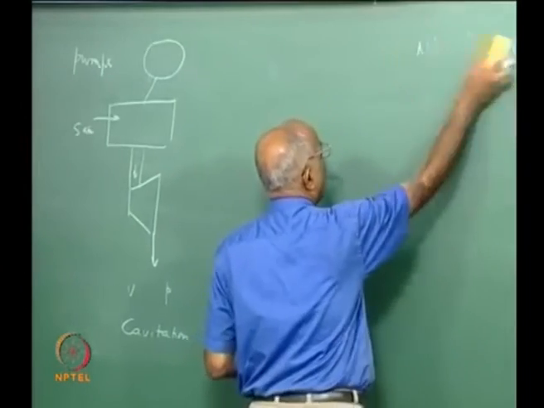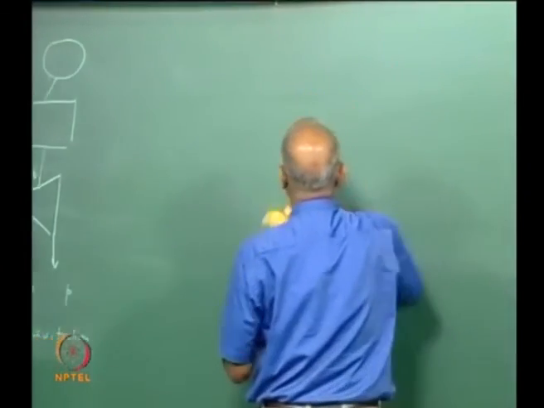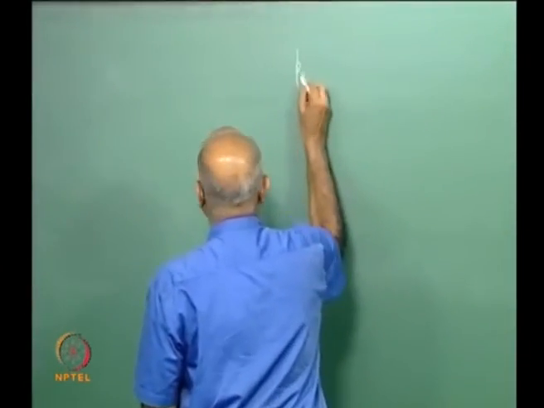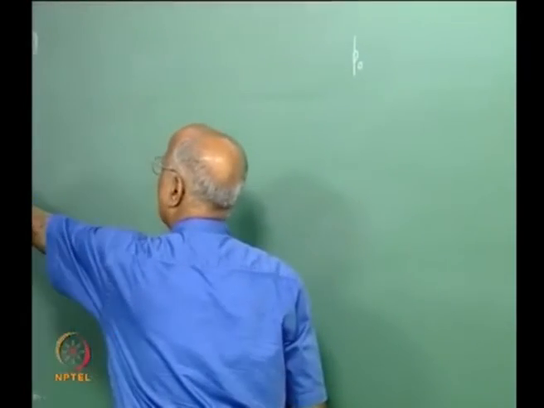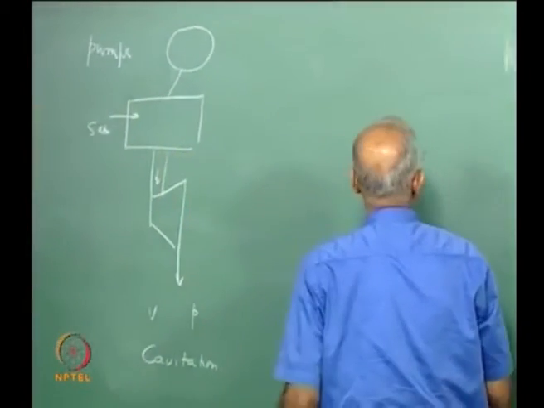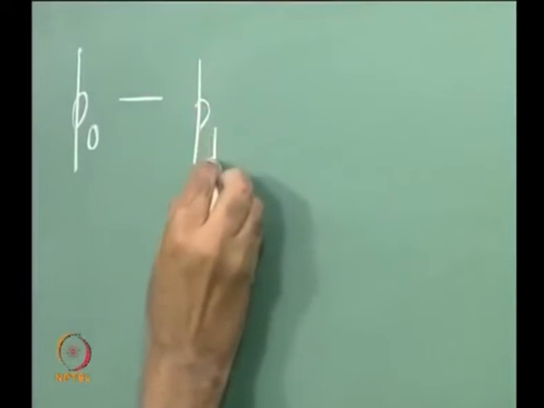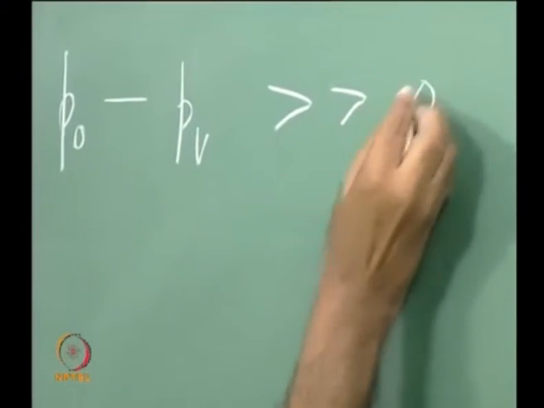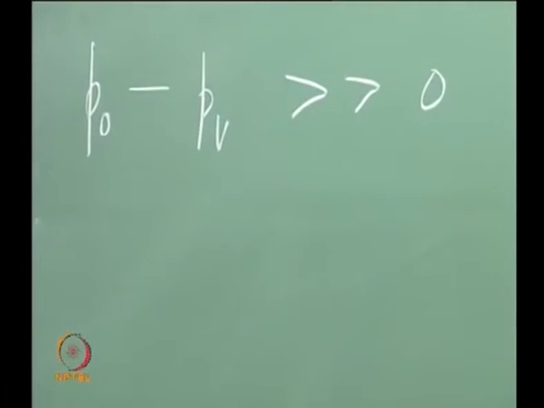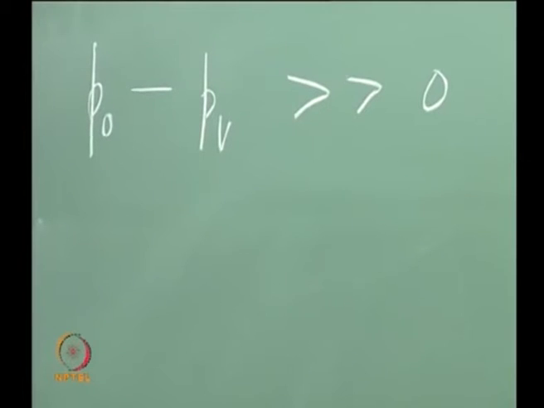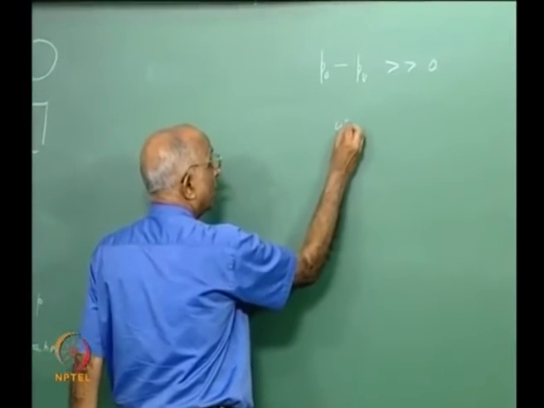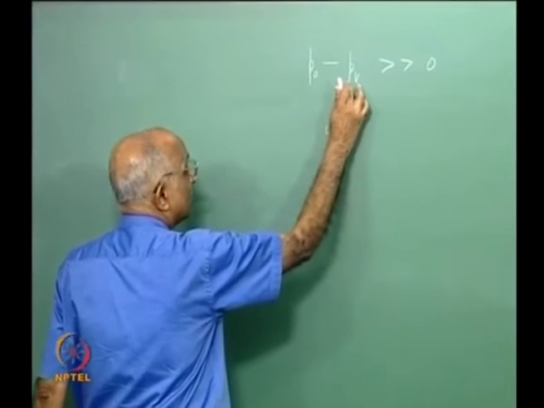To eliminate the possibilities of cavitation, how do we eliminate it? My supply pressure, or the stagnation pressure at supply, which I call P naught, and we are talking of a case when the maximum could be 5 atmosphere, minus the vapor pressure, should be a large number, right. But this number depends on the speed of the pump. If omega is larger, well, my PV is the same.